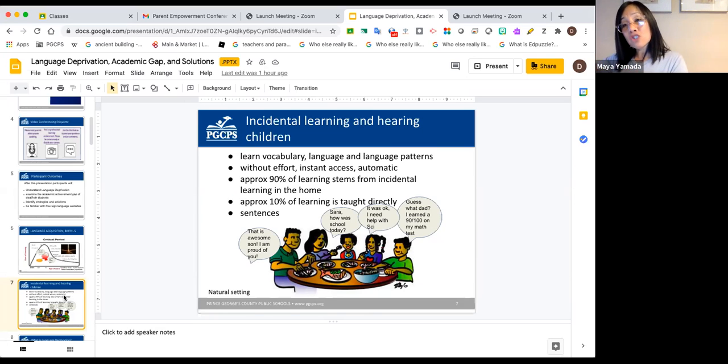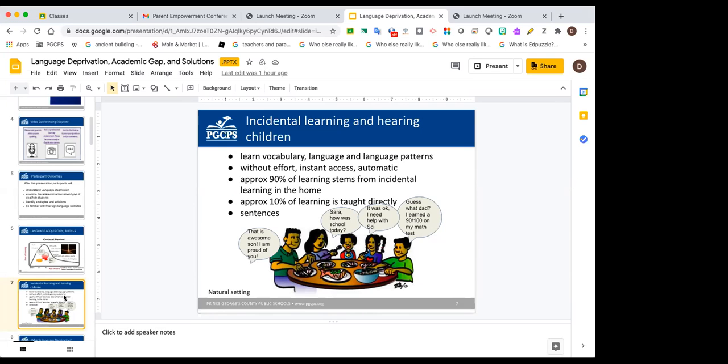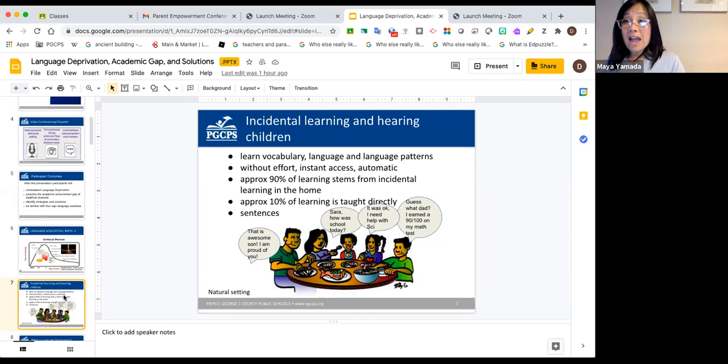And that goes for children who can hear or children who have access. Okay, now 90% of that incidental learning happens instantly, without effort. And only about 10% of the learning is taught directly. That means you don't really teach grammar at home.